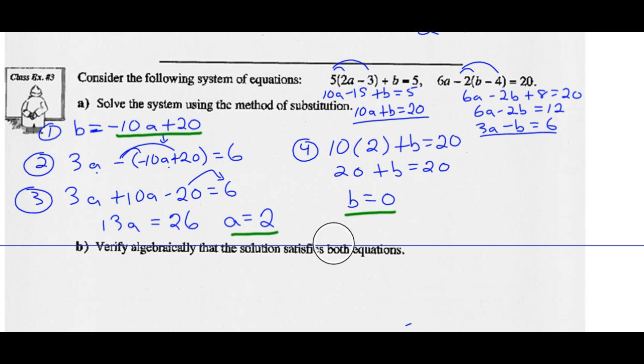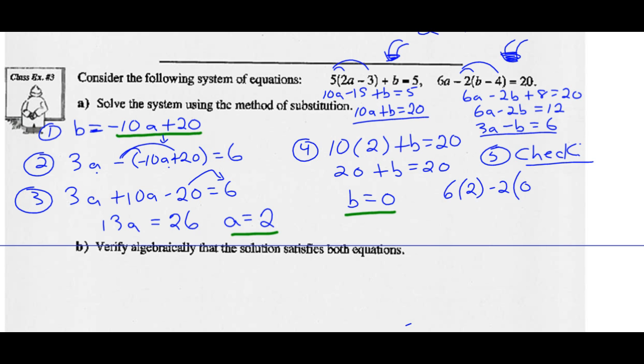Well, the last thing you should do is verify or check. We'll call that step 5. So let's do a quick check or verification. I found my last variable in equation 1. Let's check in equation 2, but let's go back to the original equation. The equation 2 original equation is up here. 6 times a, which is 2, minus 2 times b, which is 0, minus 4 should equal 20.